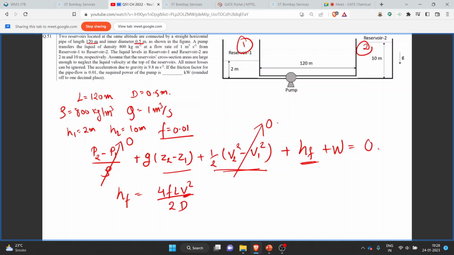Now over here we don't have the average velocity, so we can calculate it as volumetric flow rate upon area, that is Q dot upon A. So we can write this as 1 meter cube per second upon the cross section area of the pipe, which will be pi by 4 D square, where diameter is 0.5. So this will come around 5.09 meter per second. So this is the average velocity.